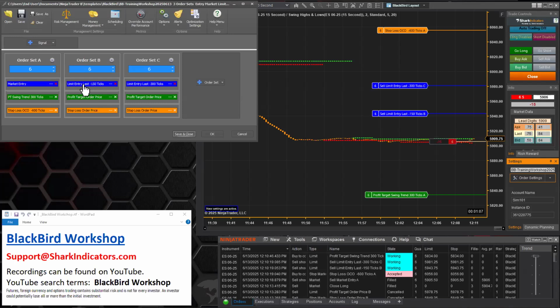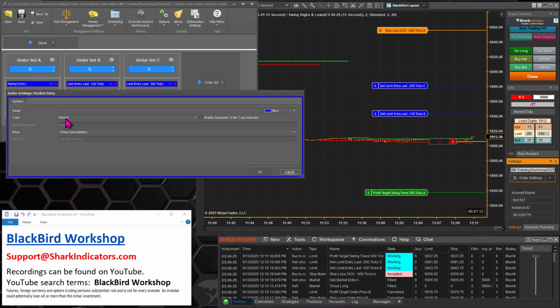If we wanted to perfectly make sure that these scale in limit orders are exactly 150 ticks or 37.5 points and 75 points, perfectly offset from this first entry order here.